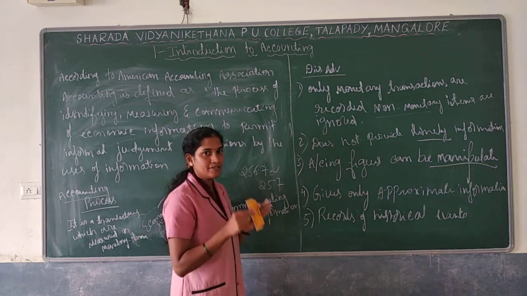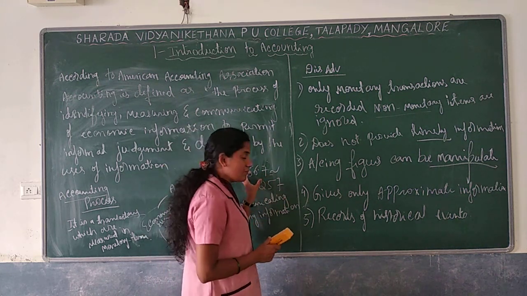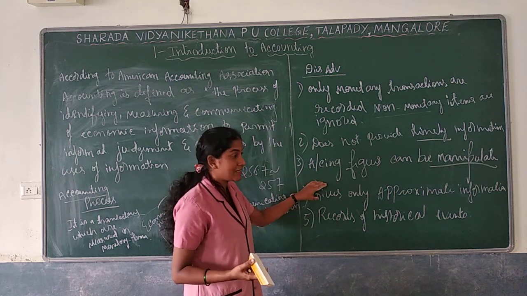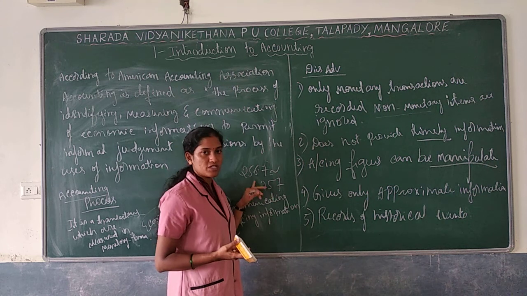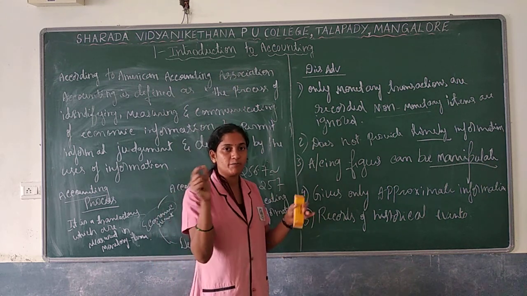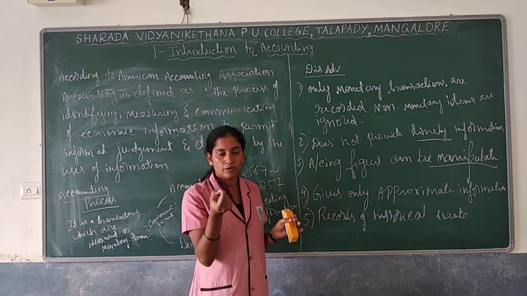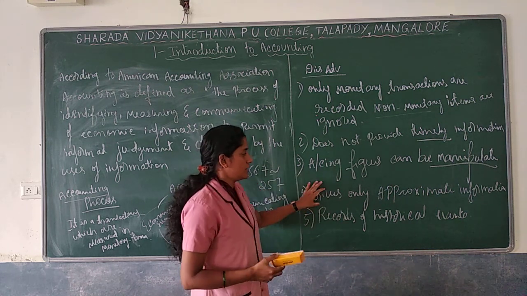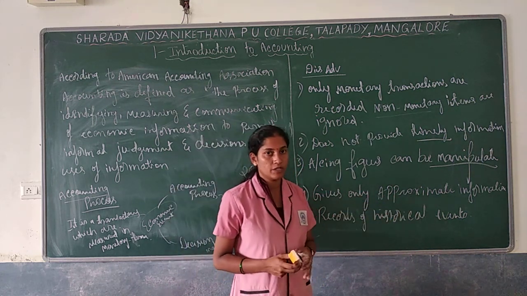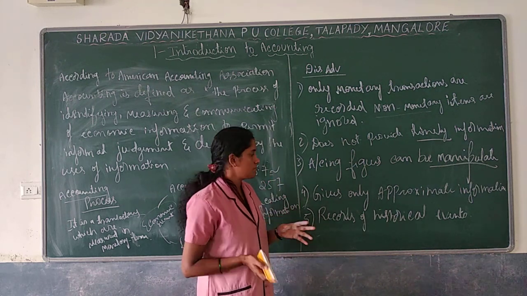Paisa also matters in accountancy, but that information we will not give. We give an approximate amount. So the very small amount, it might be 1 rupee or 2 rupees, can change. That is why it gives only approximate information.